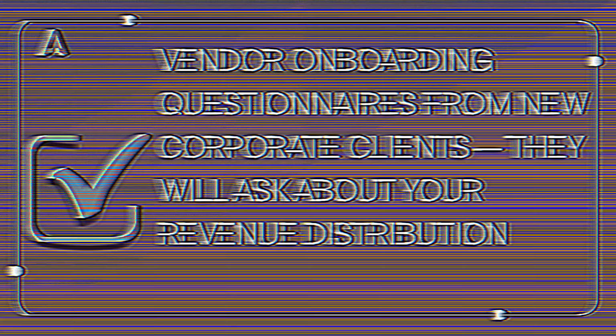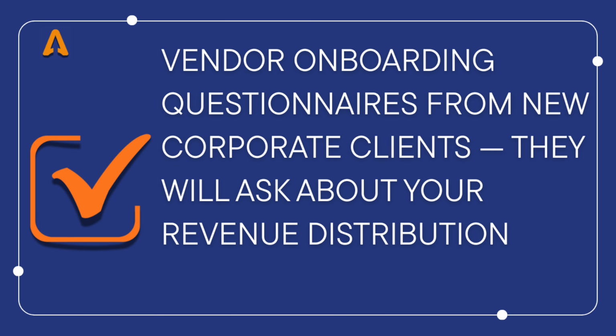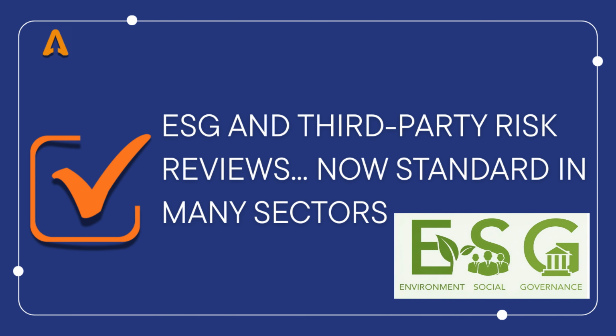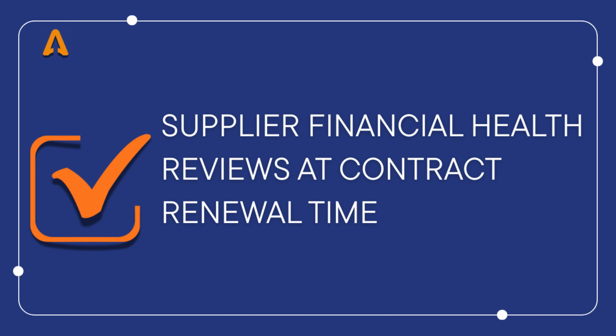Where does this surface? Number one, vendor onboarding questionnaires from new corporate clients. They will ask you about your revenue and how it's distributed. Nowadays, they also run ESG and third-party risk reviews. It's now standard for many sectors. Also supplier financial health reviews at contract renewal.